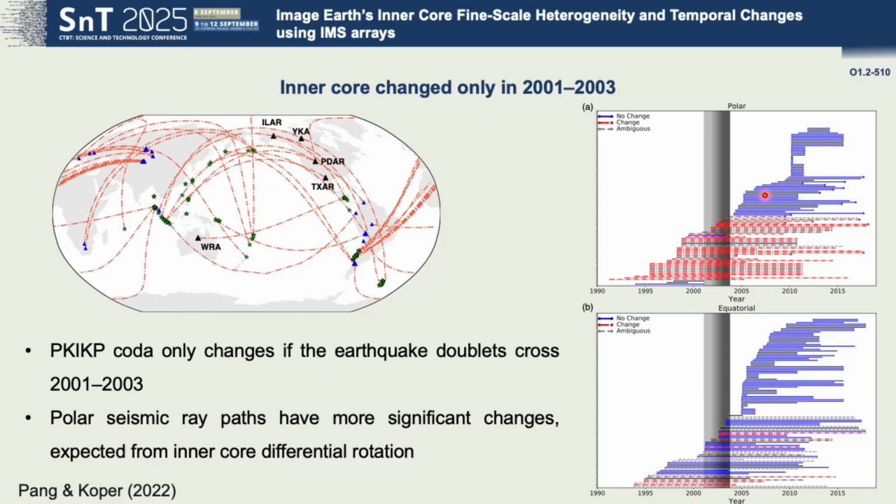Only doublets spanning 2001 to 2003 display changes in PKP-IKP coda, and the polar seismic ray path shows the largest effect. This is expected from differential rotation, since polar ray paths are most sensitive to the change in inner core relative to the Earth's west-to-east rotation.